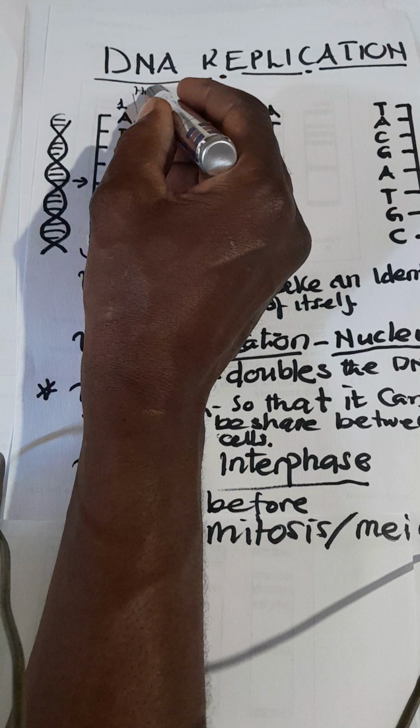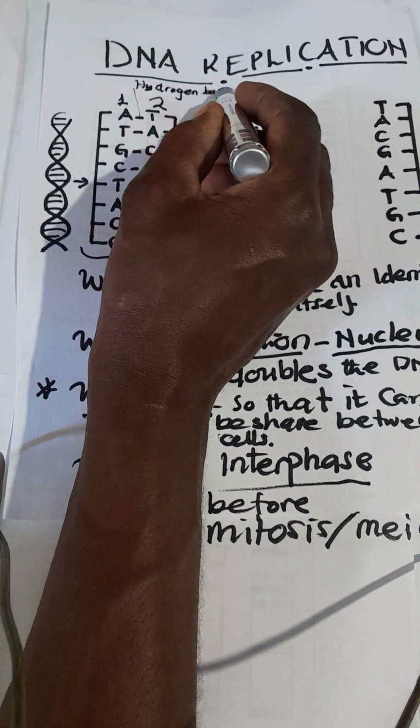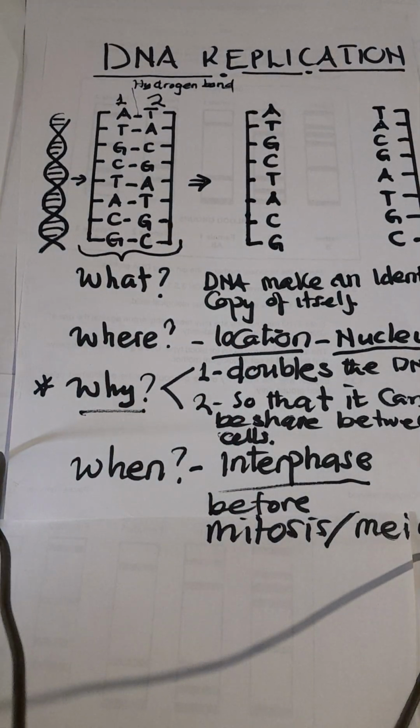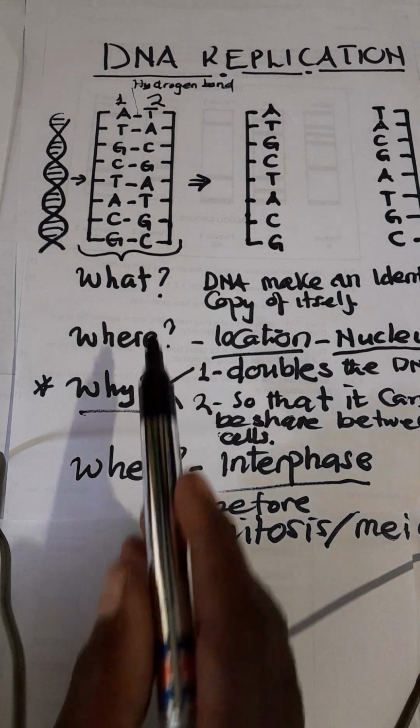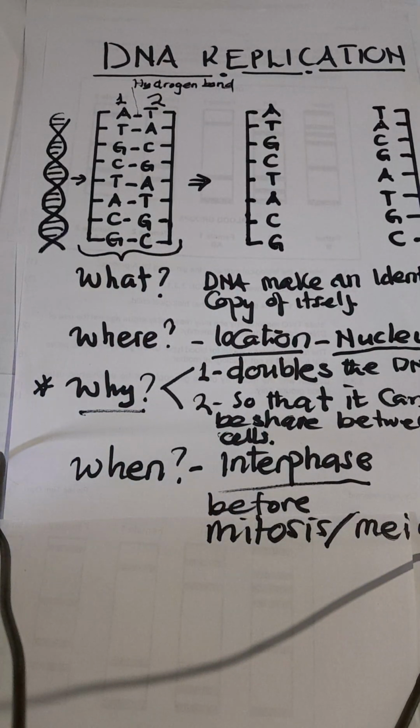This is the hydrogen what? Bond. The hydrogen bond. Okay. So now, because the DNA unwinds, it becomes double-stranded. So the double-stranded DNA unzips.